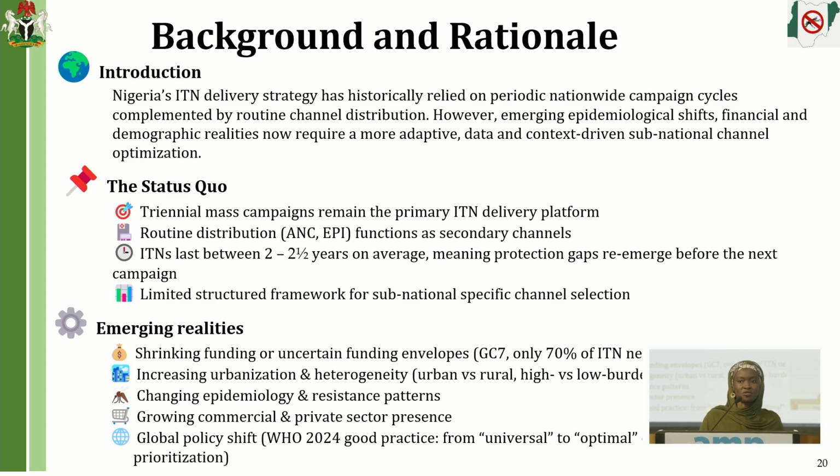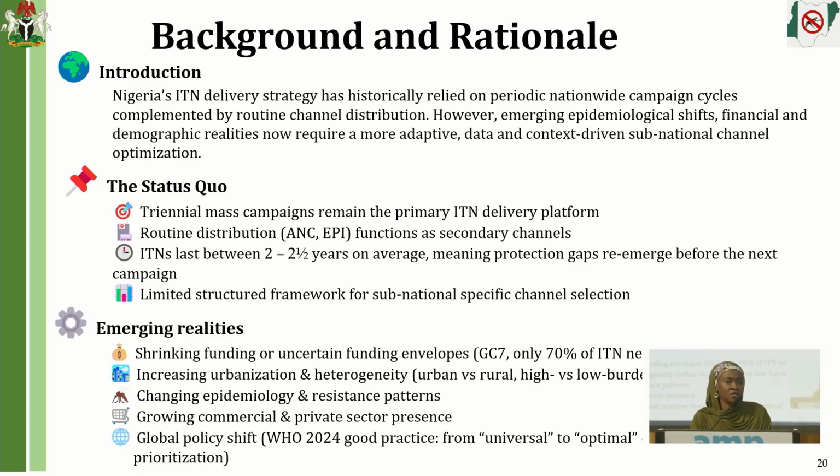However, due to current realities of epidemiological shift, finances, and demographics, there is need to be more adaptive and move away from one uniform fits-all approach to a more adaptive, data-driven, context-specific, subnational, tailored approach to channel selection.